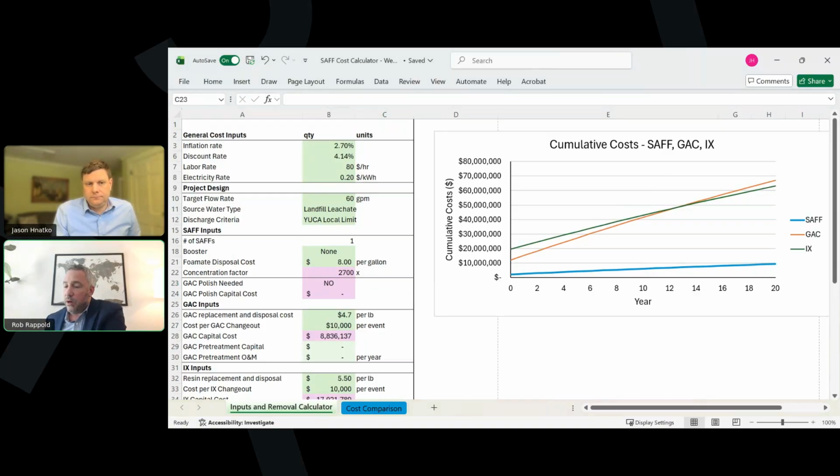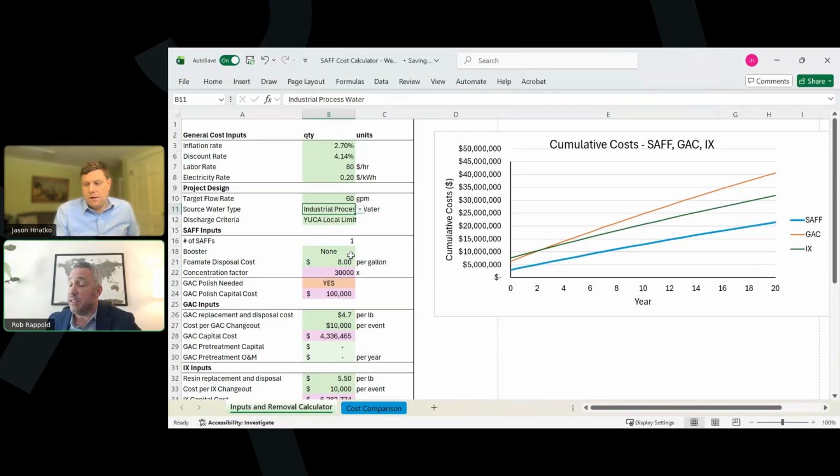Okay. So we've done leachate, we've done high concentration groundwater. For this application, we're going to look at an industrial process water. SAFF is shown to be highly effective at removing and concentrating PFAS in semiconductor and PFAS manufacturing spaces. Flow rates can vary significantly depending on the application.